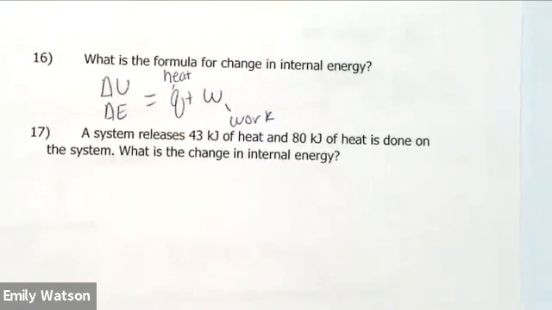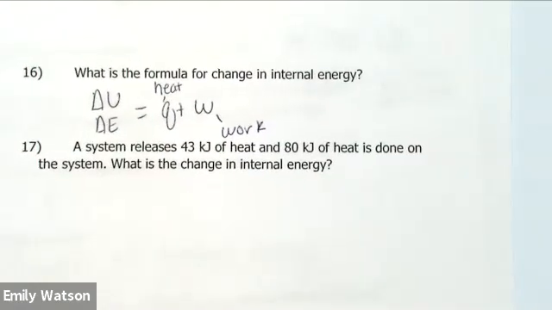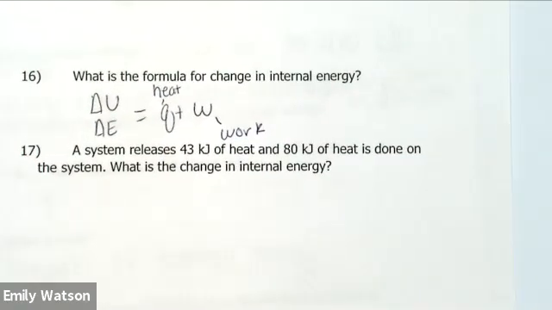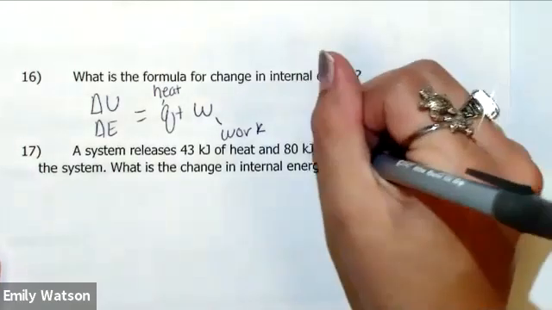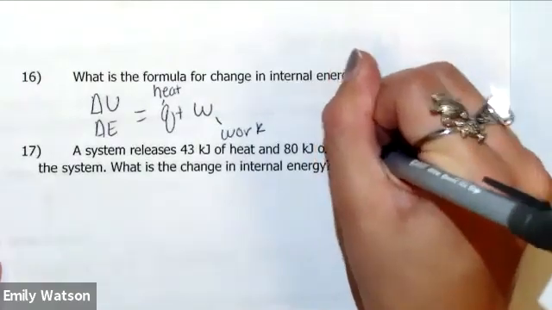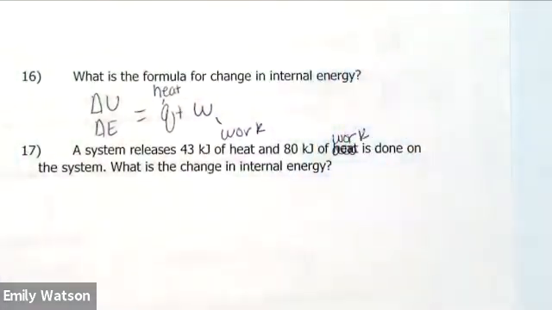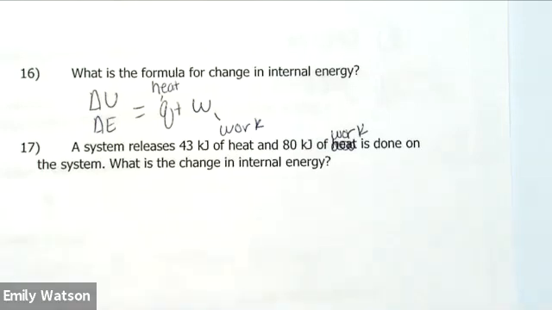A system releases 43 kilojoules of heat, and 80 kilojoules of work is done on the system. So if we're releasing heat, is that positive or negative value?